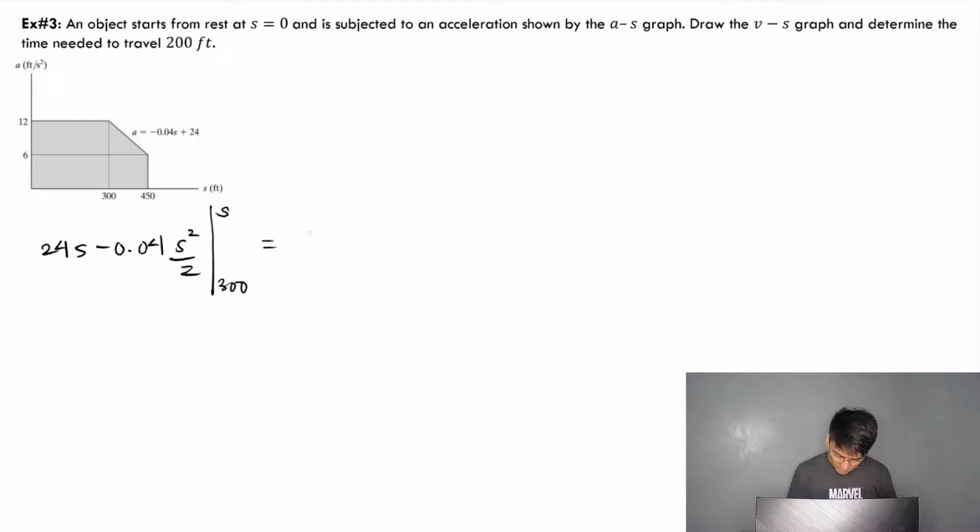S is equal to V squared over 2, limits from 84.85 to V.